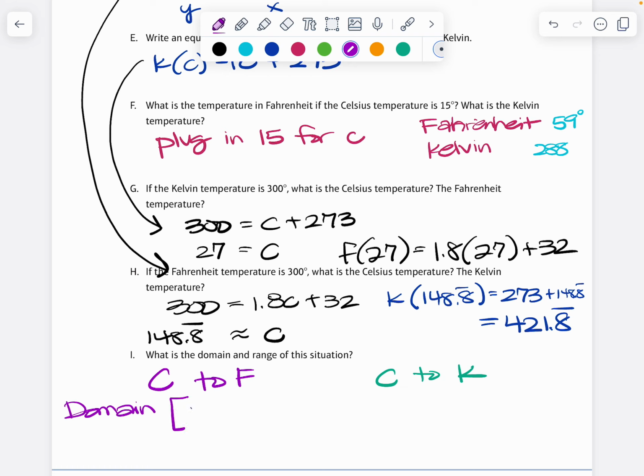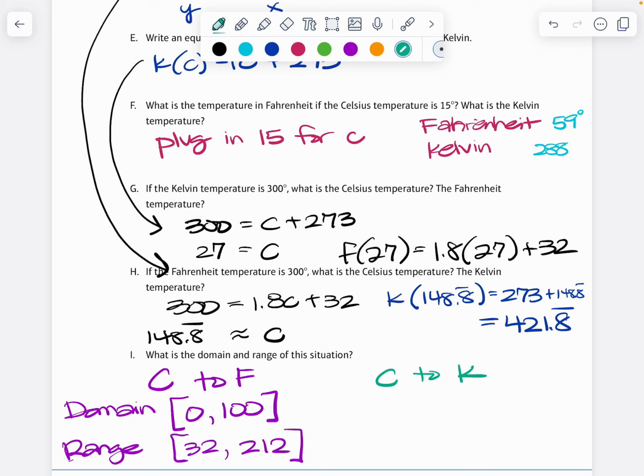It equals 0. And then the largest x value goes all the way up to 100. And then the range goes from 32 degrees Fahrenheit all the way up to the biggest number in your table, 212.